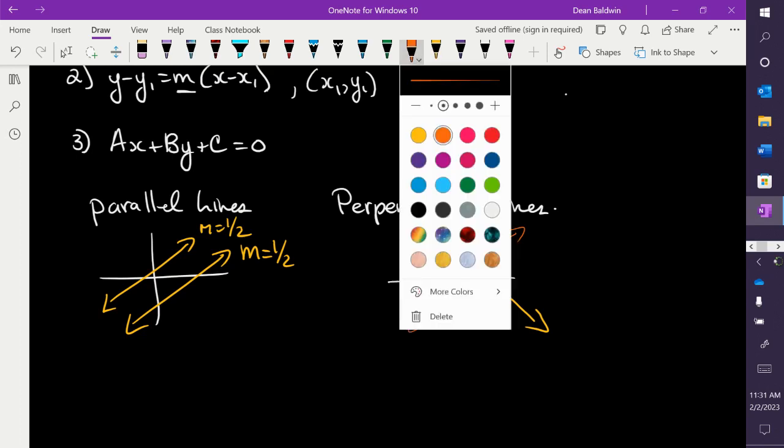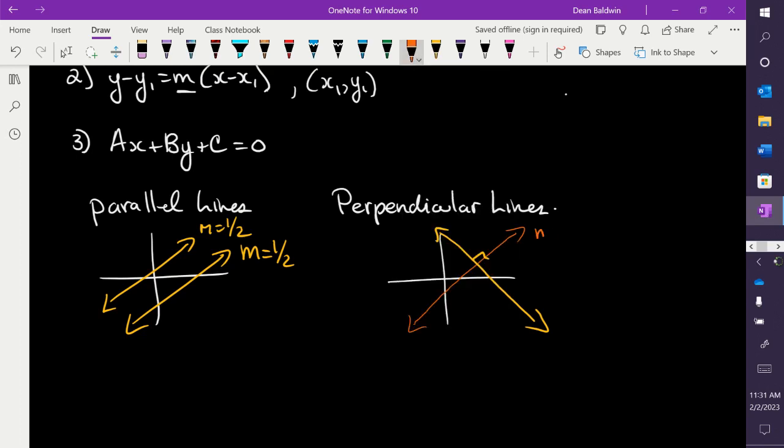So if the orange line here has slope of 2/3, and I say the yellow line is perpendicular. So the way I write a perpendicular slope is I'd put an M, and then I put a little 90-degree symbol there. Anyway, that's how I represent it. So what would the perpendicular slope be?